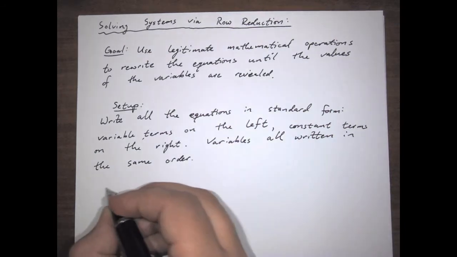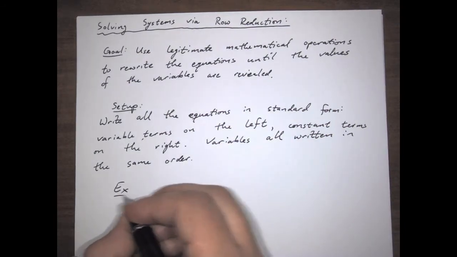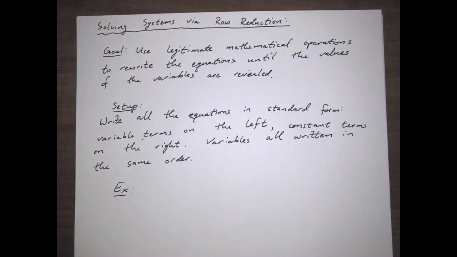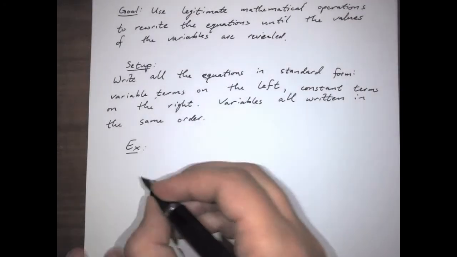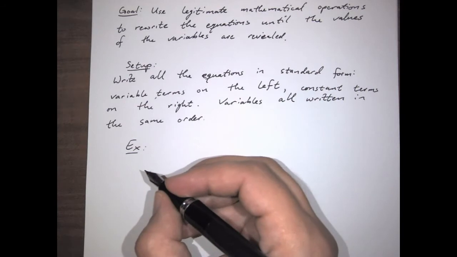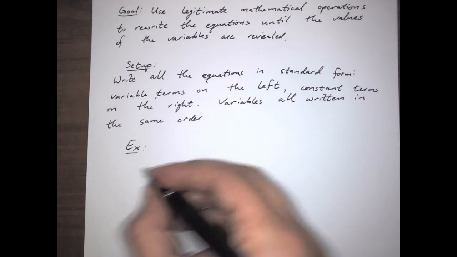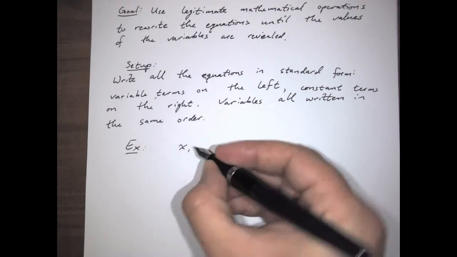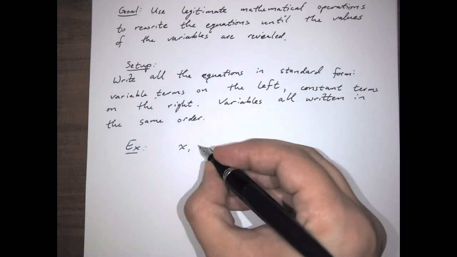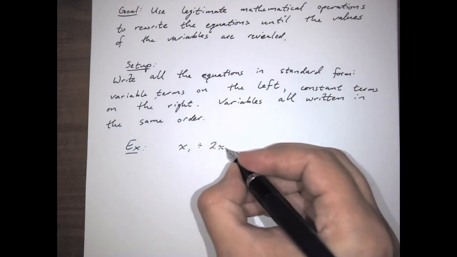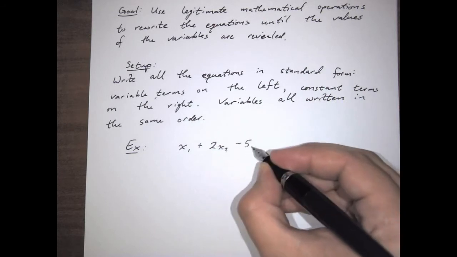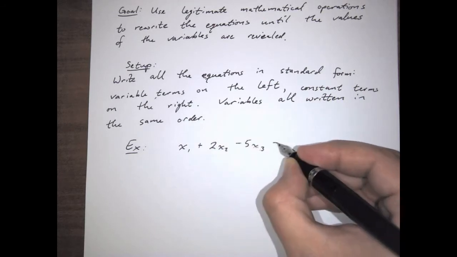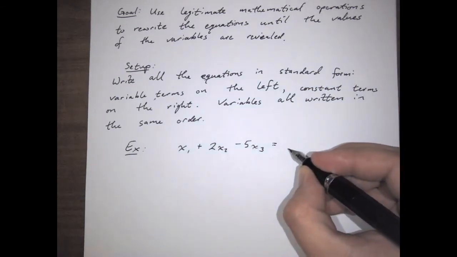So for example, here's the first system that we're going to solve, and it's going to look like this. We can have three variables, x1, x2, and x3, and our system can look like this. We can have x1 plus 2x2 minus 5x3 is equal to negative 10.